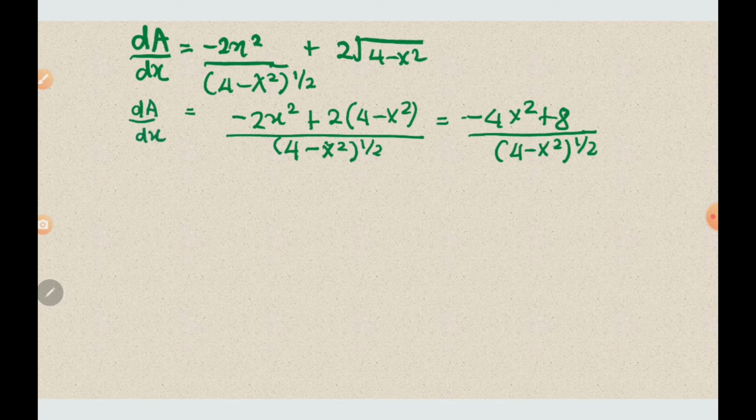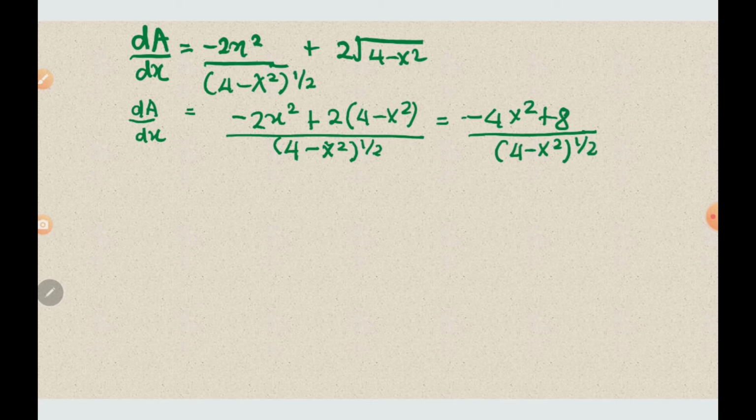Remember, to show that the area of the rectangle is maximum, you need to do the second derivative. You have to substitute the value of x into the second derivative, and show that after you substitute x equals the square root of 2, it must be a negative value. Therefore we have to do the second derivative now.